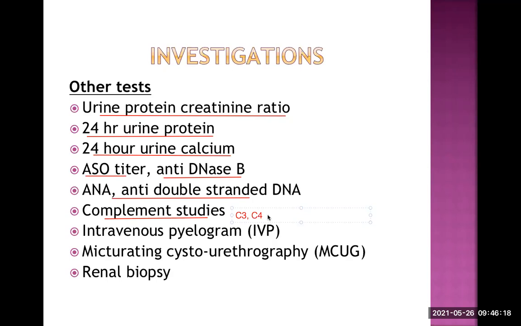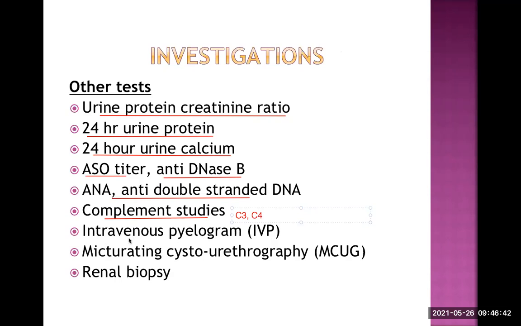Because in type 3 hypersensitivity reaction, there is antigen-antibody complex formation and complement is also utilized there. So because of excessive use of complement, the level of these complement will go down. They are decreased in different types of glomerulonephritis.